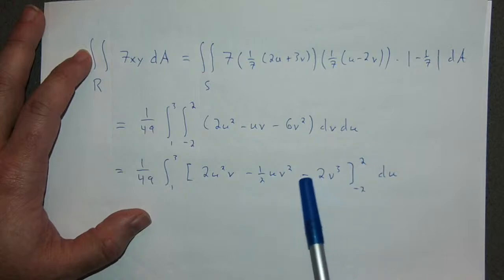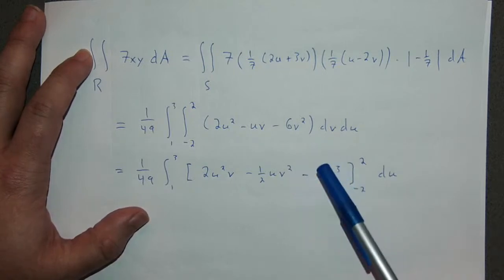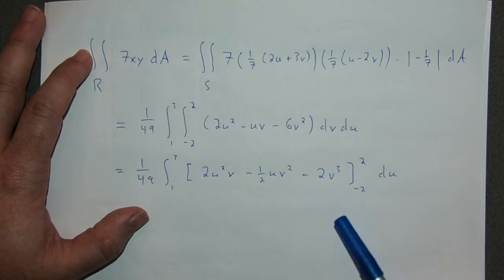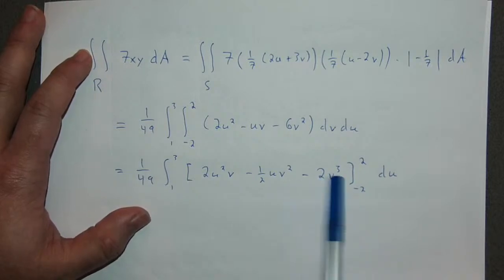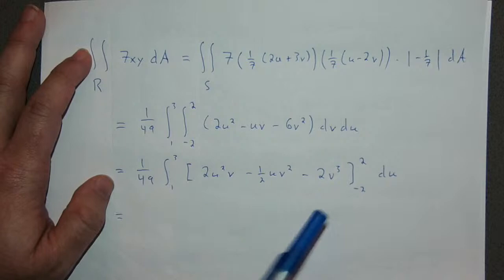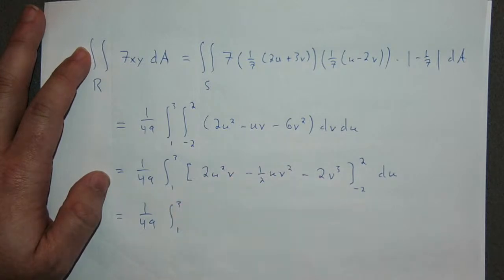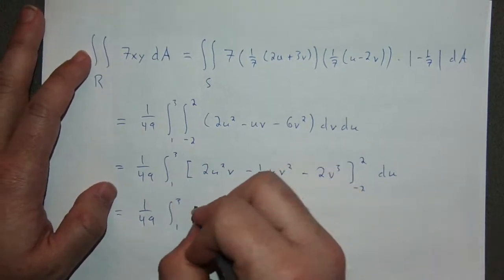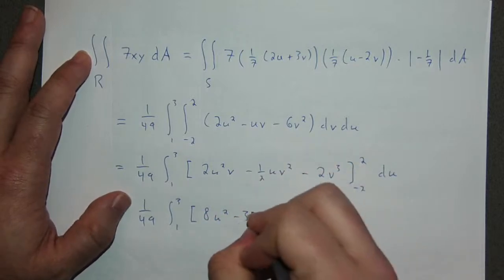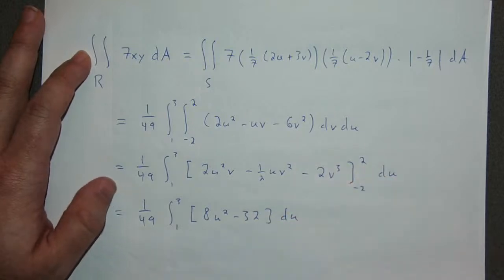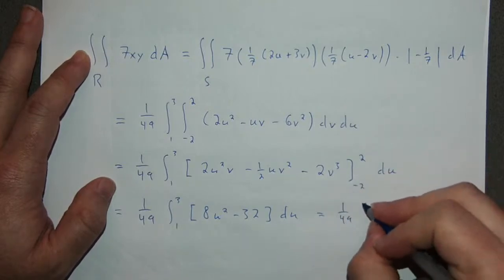And so I would be left with minus 16 here. And there's 3 of them... no wait, it would be 16 times 3 with a minus sign, so that's minus 32. So this would be 1/49 times the integral from 1 to 3 of 8u squared minus 32 du.